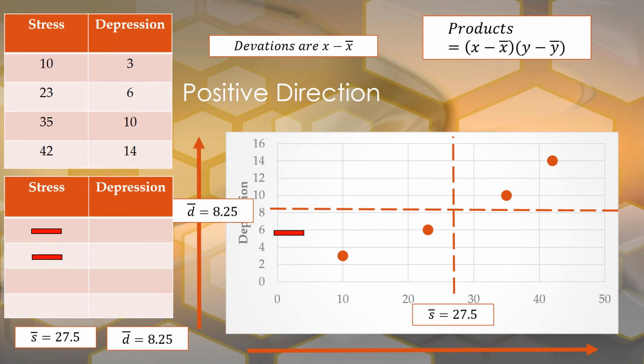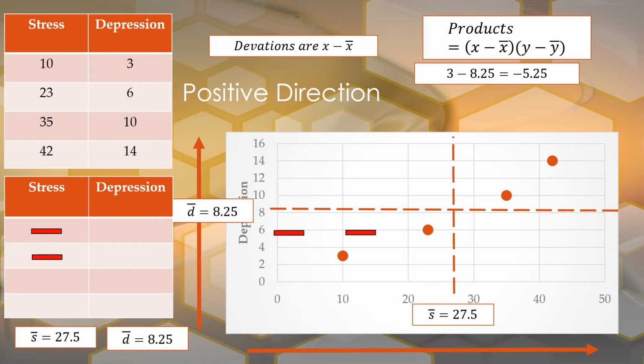Now we're going to talk about that same quadrant, but now we're going to talk about the deviations for depression. And the deviations for depression in that quadrant for those two dots are also going to be negative, because it is below the depression average line. So, for example, we have 3 minus its mean of 8.25 for depression, and you'll get a negative 5.25.